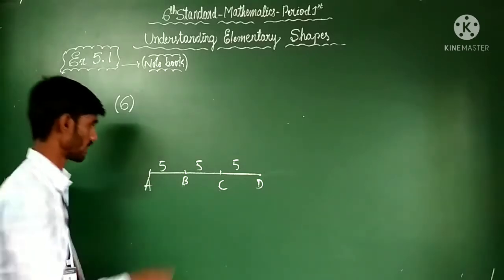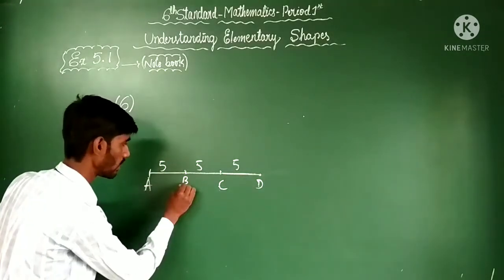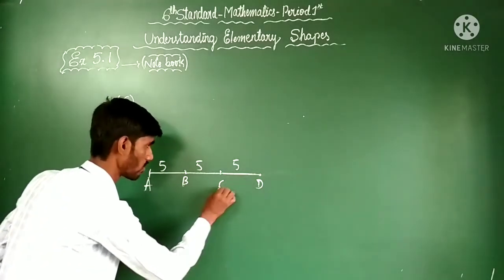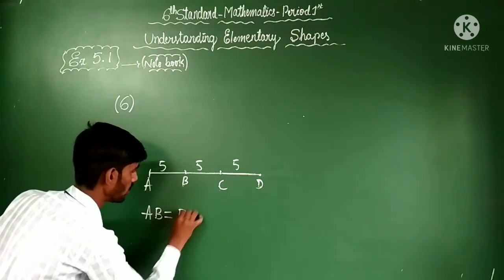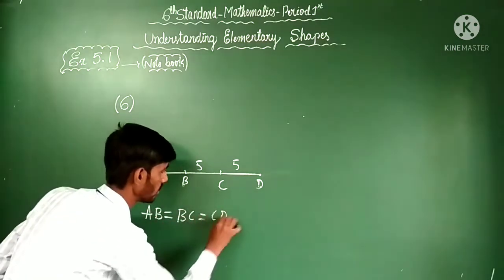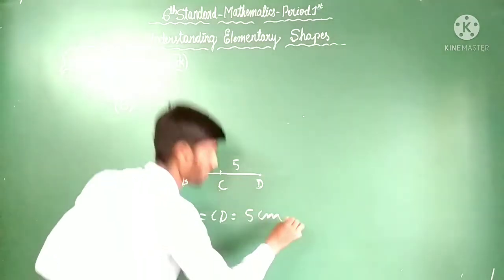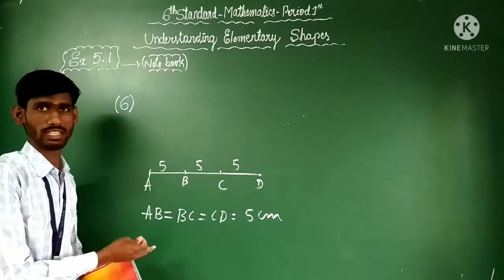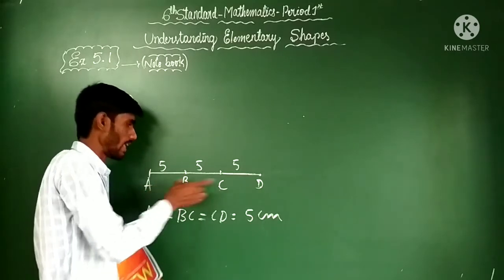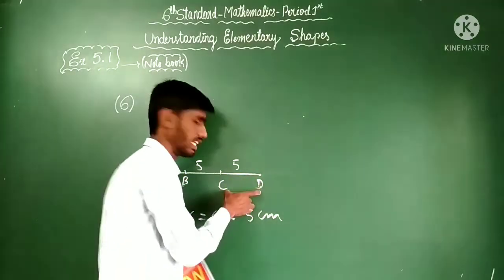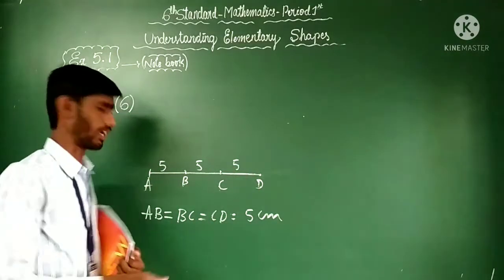See, we are able to say AB is equal to BC is equal to CD. AB is equal to BC is equal to CD is equal to how many centimeter? 5 centimeter. Because the line segment AB, line segment BC, and line segment CD are of equal measurement.